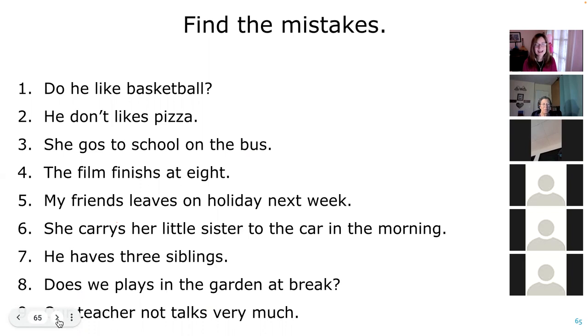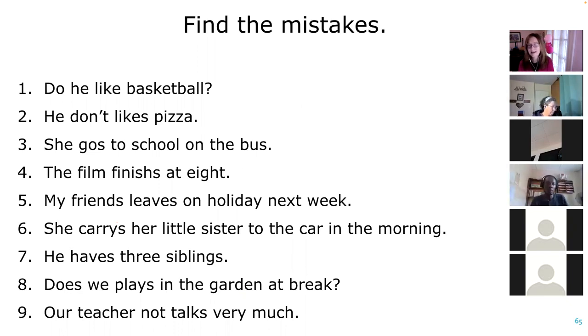All right, so now I'm going to ask you guys to find the mistakes in these sentences. We have 9 sentences here, and each one has an error that ESL beginner learners often make. I want to see if you can find the errors.